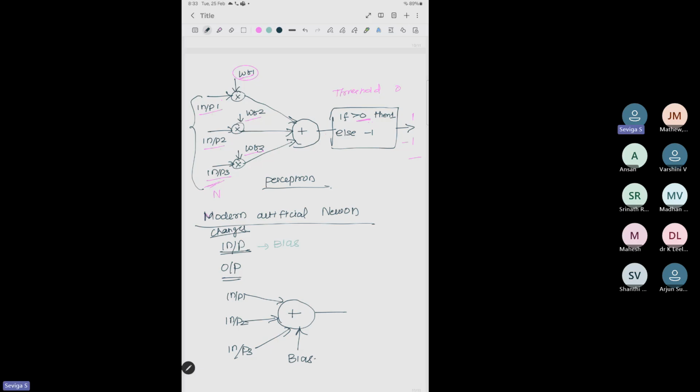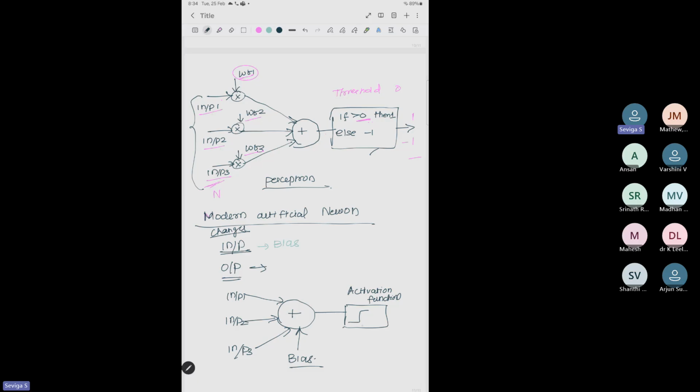The perceptron doesn't have a bias. The modern artificial neuron has the same model as the perceptron, but with two changes. The first change is at the input, where we have an additional input to the summation, called the bias. The second change is at the output, where we have an activation function. Here we had a threshold, but now we have an activation function, which is a mathematical function.